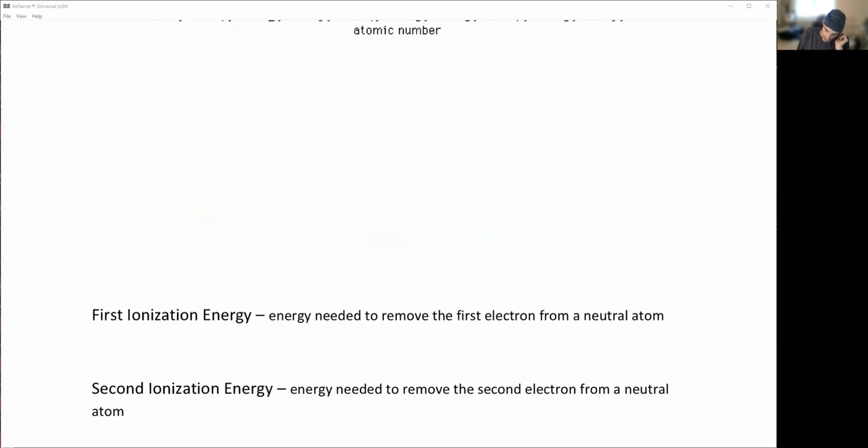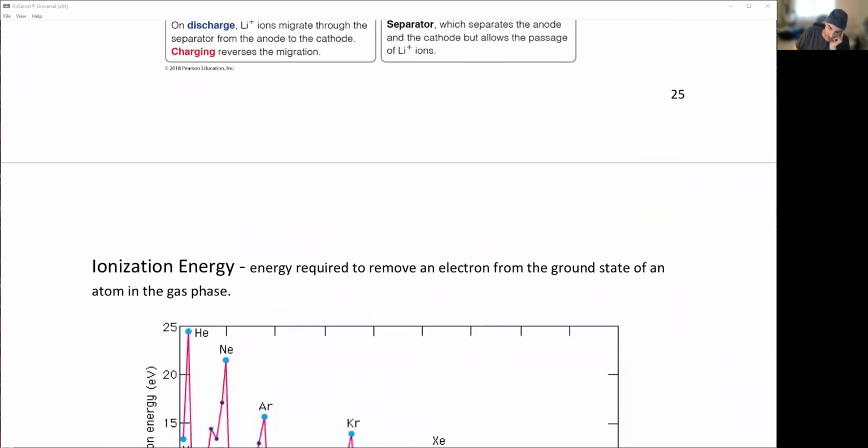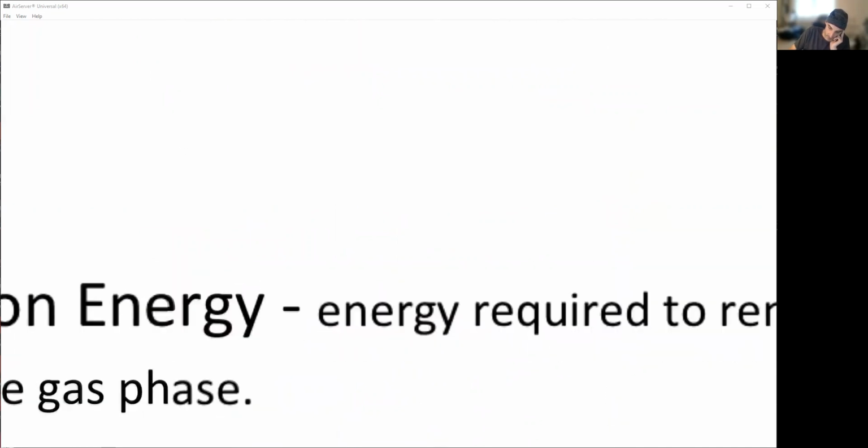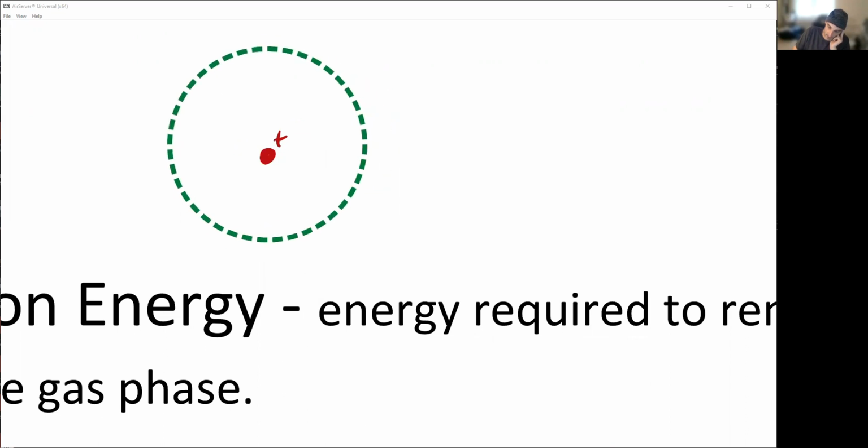If I have my nucleus, positively charged, and I have an electron around the outside, I am going to put some amount of energy into this electron, and that electron is going to be ejected.